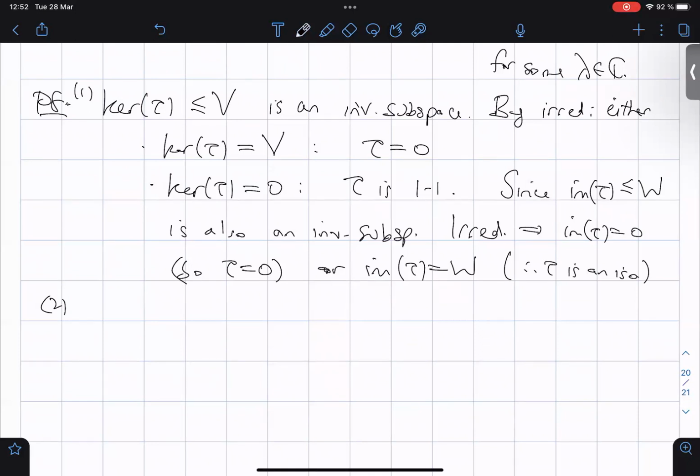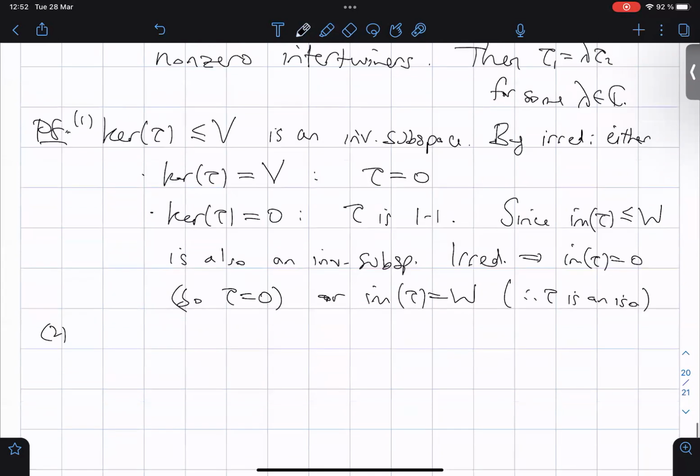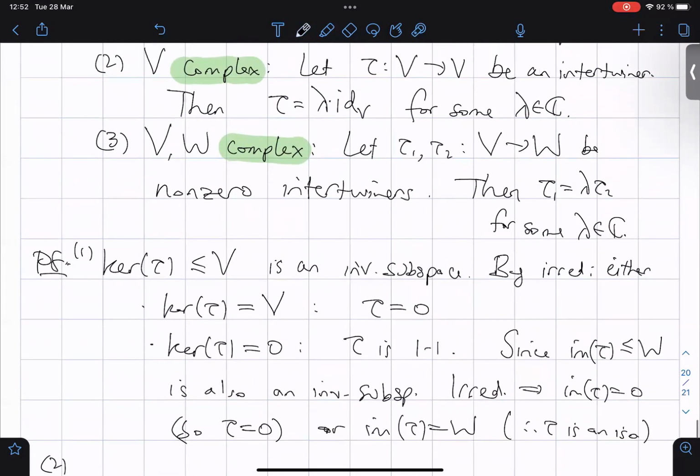Okay, so the second statement, let's just go up. And what was the second statement again? This says that when we're looking at a complex vector space and an intertwiner on it, then it's just a multiple of the identity. Remember this nice thing about C is that when you have a linear operator on a complex vector space, then we know it always has an eigenvalue.